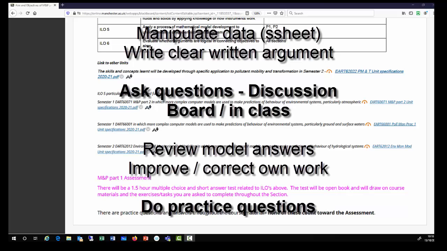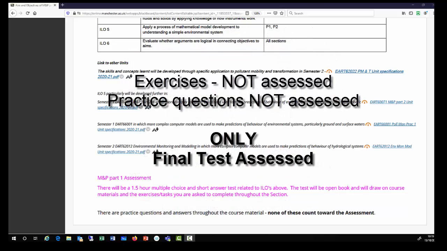And again, the questions in that test will be very similar to the practice questions which appear throughout the unit. So your job really is to read and listen, and then to carry out the exercises, which mostly involve looking at some data in a spreadsheet and doing some writing, and then asking questions in class or via the discussion board, and taking note of the model answers that we go through in order to correct your work, should it need correcting. There's every chance you have the work right to start with.